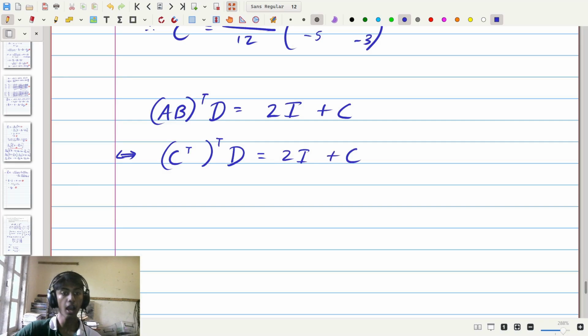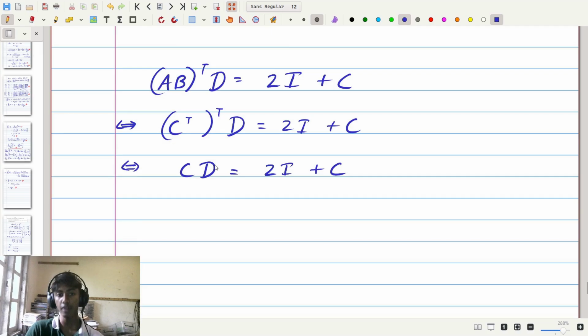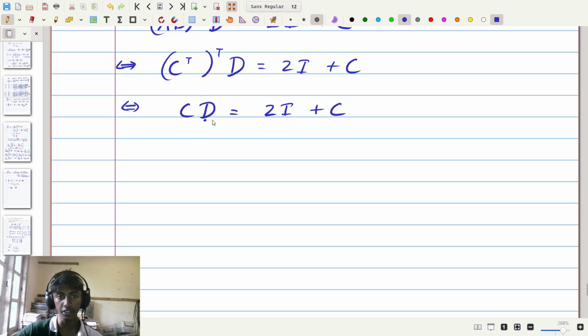And from this, I'm going to cancel these two transposes, since transposing twice does nothing. And therefore we get the matrix C matrix times D matrix equals 2Y matrix plus C matrix. And finally, in order to get the D matrix, I need to multiply both sides of this equation on the left hand side by C inverse matrix.